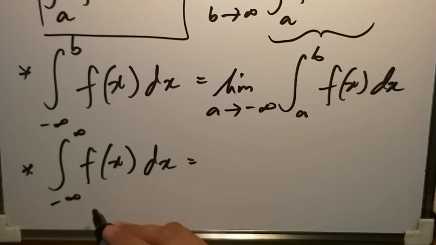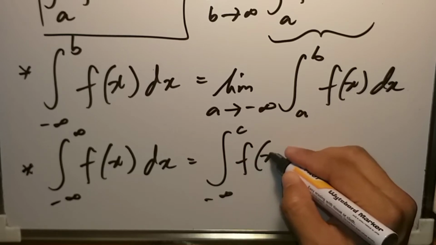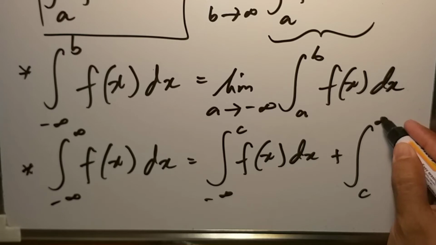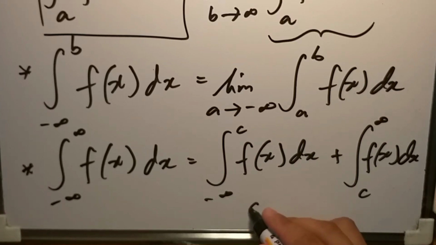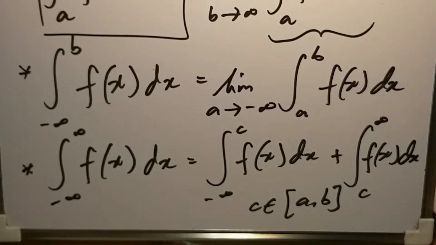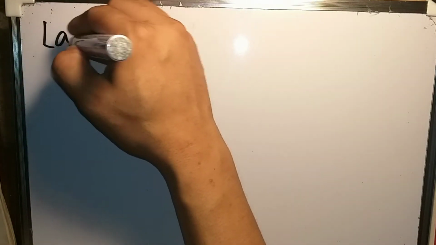So we can evaluate this as integral from minus infinity to c of f of x dx plus integral from c to infinity of f of x dx, where c belongs to a certain interval. So these are the examples of improper integrals that we are going to do. We will start with the Laplace transform.